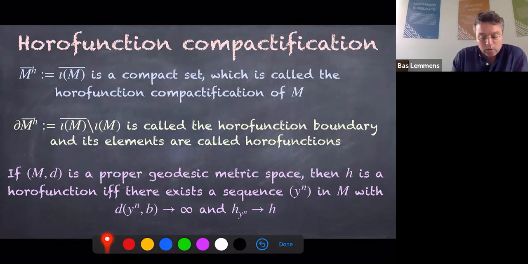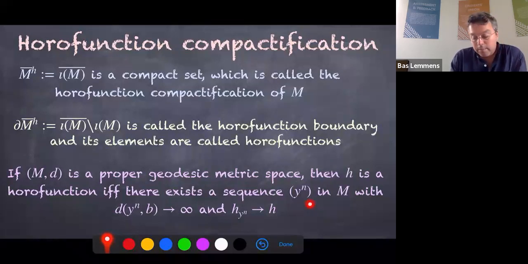In our context, we will assume that our metric space is proper and geodesic, meaning that the closed balls are compact and there's a geodesic segment connecting any 2 points in our metric space. In that case, the topology on this Lipschitz 1 space is metrizable. And so any Horofunction is the limit of some sequence in our metric space rather than of a net.